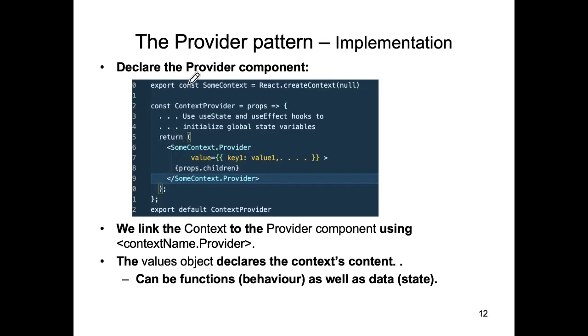So number one, declare your empty context construct. And down here is how you declare what goes into the context by means of this values prop that you pass to some context.provider. And we always compose our provider component with other components in my app.